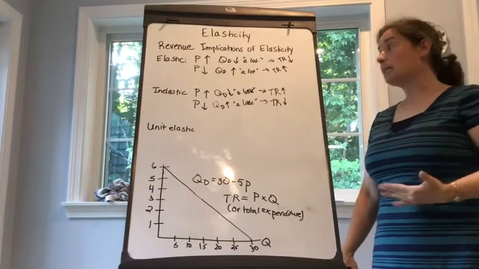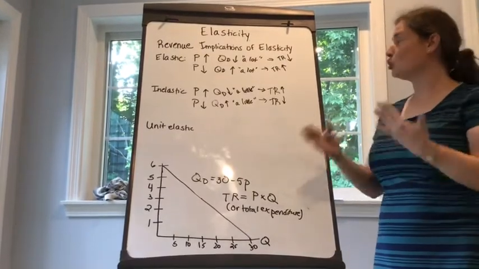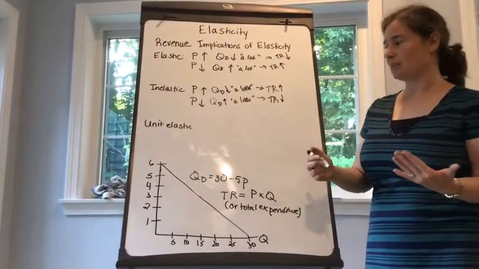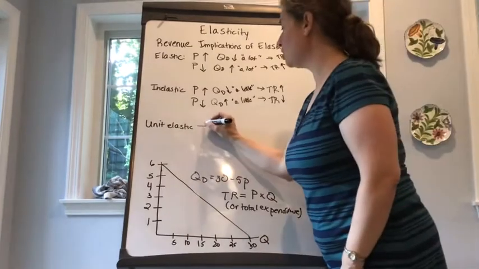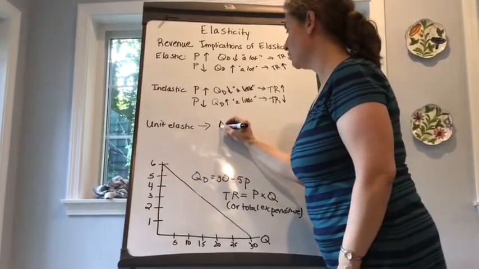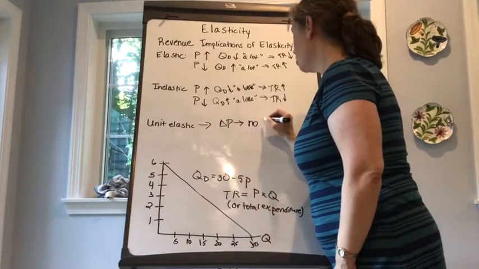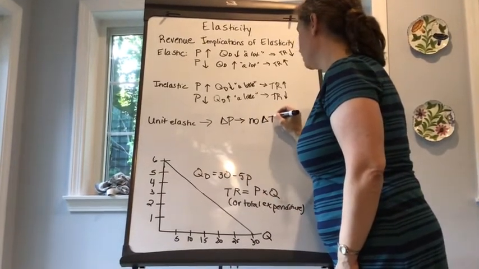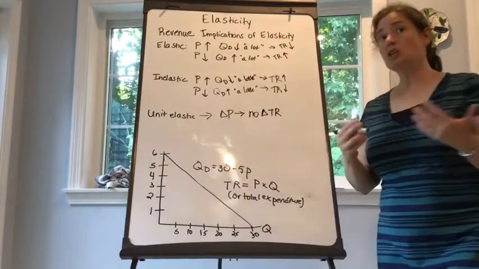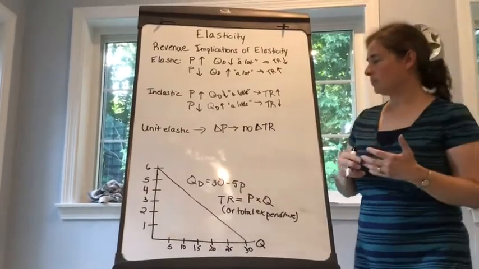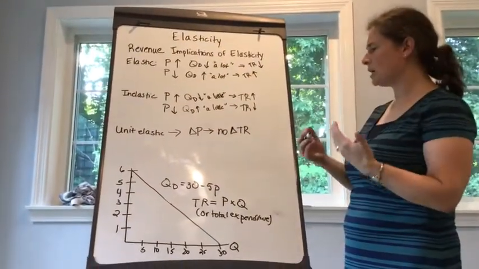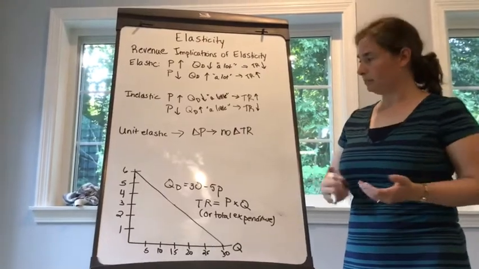Now, unit elastic is a special case in between these two types of elasticities, and what we see with unit elastic demand is a change in price leads to no change in revenue. The change in revenue is, the price times quantity is exactly the same.